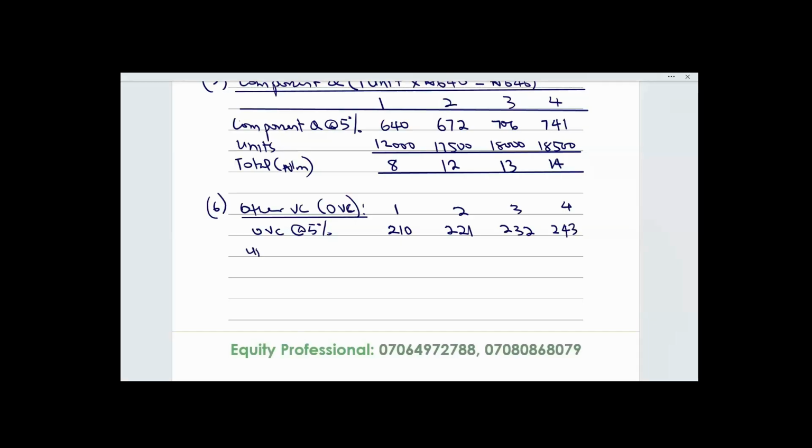You then multiply with units: 12,000, 17,500, 18,000, 18,500 units. We multiply to get the total cost of other variable costs.